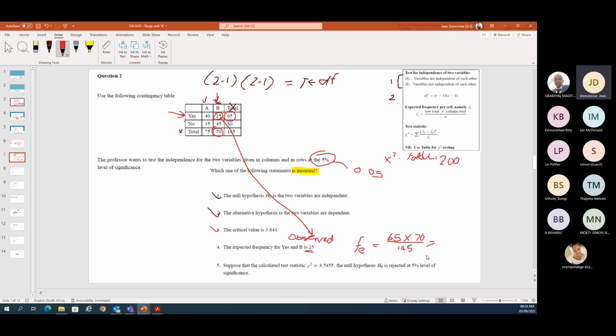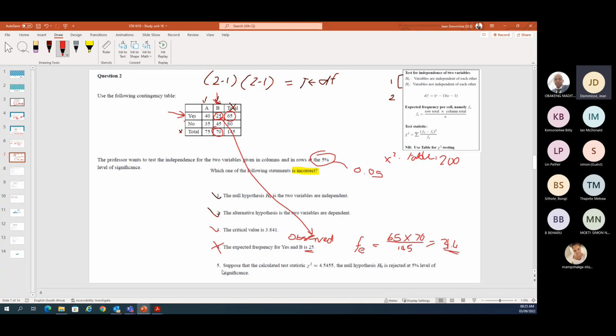Let me use my cell phone as my calculator has disappeared. 65 times 70 divided by 145. I get something like 31.4. You guys can just check, but then we know that one is incorrect.